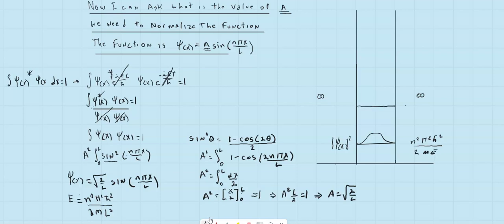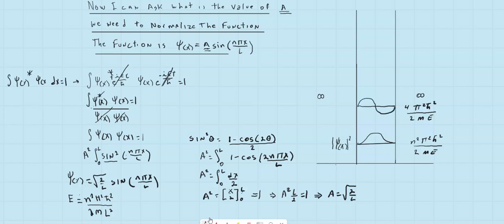It'll be 4 pi squared h bar squared over 2m L squared. It will have one node, like this.